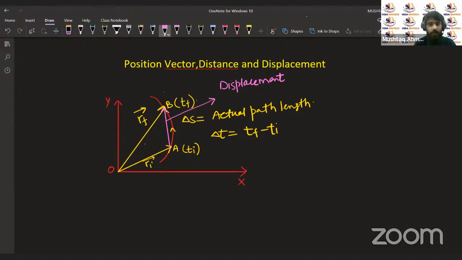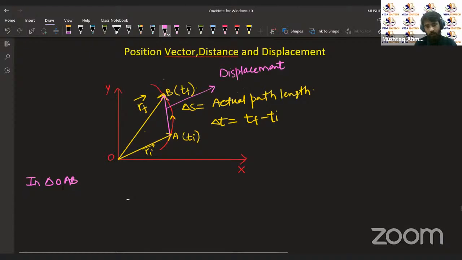We can also show that. Let's suppose that this forms a triangle OAB. In triangle OAB, if we use the triangle of vectors, we know that Ri vector, and let's call this displacement vector delta R vector. So this displacement is represented by delta R vector.